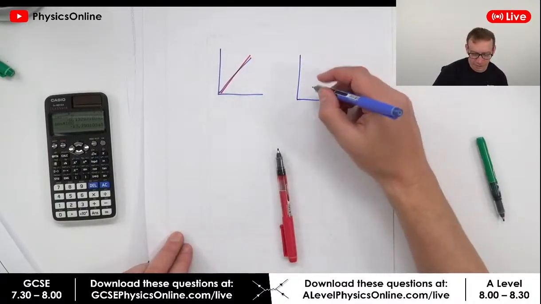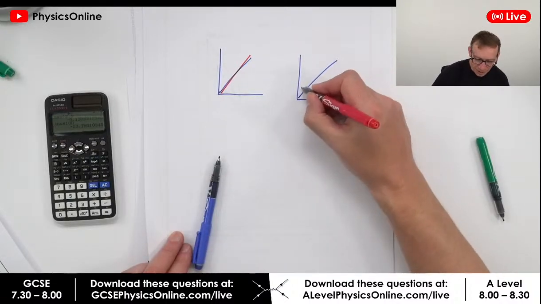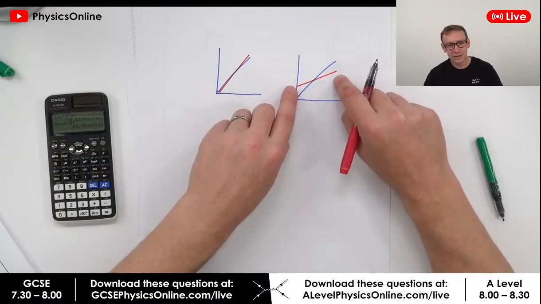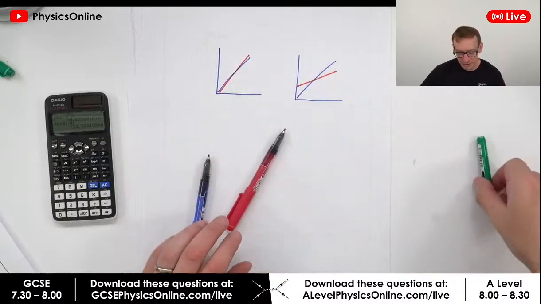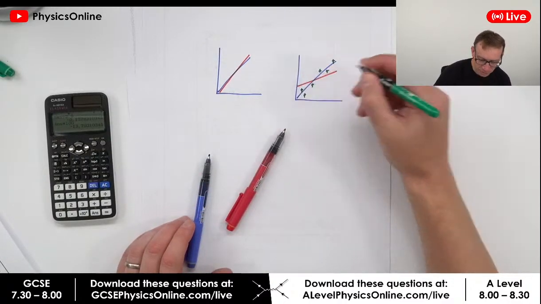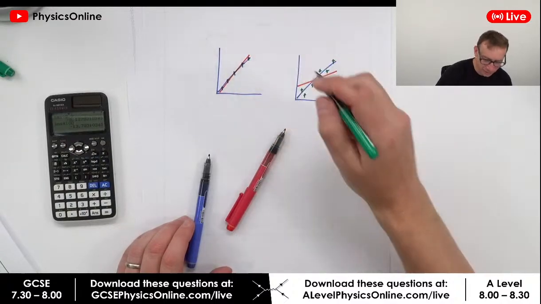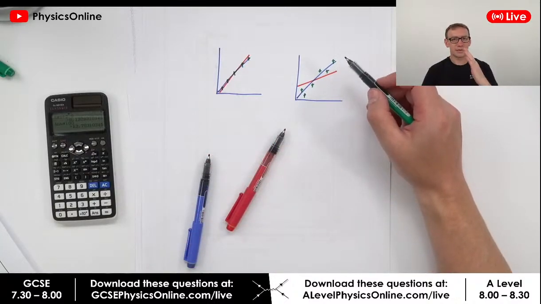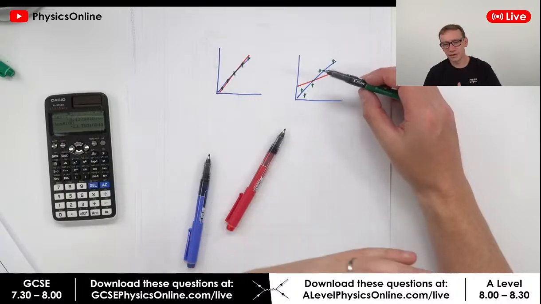If instead you had another graph where maybe this was your line of best fit and that was your line of worst fit, we can see that here there's a bigger difference in the gradients, probably because the data that's plotted is much worse in terms of the spread of data, whereas this might be really tight data that's pretty much all on that line. So when you've got a greater scatter in the data, there's going to be a bigger difference between the worst and the best lines of best fit, and that means we're going to have a bigger percentage of uncertainty in that data.